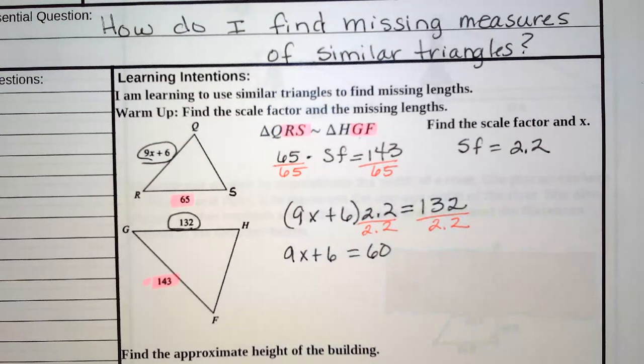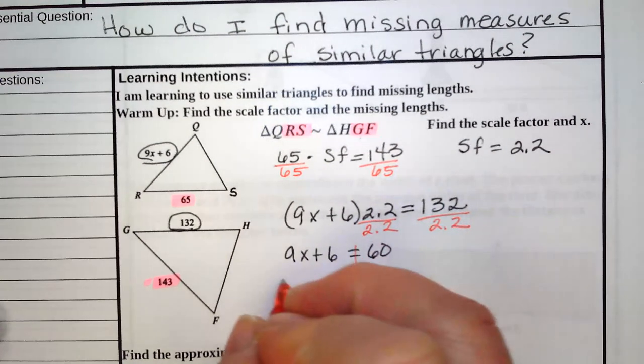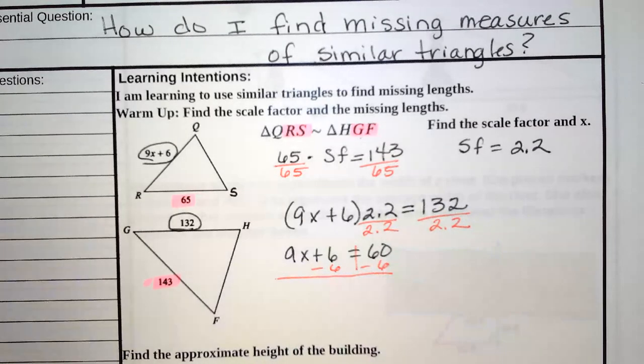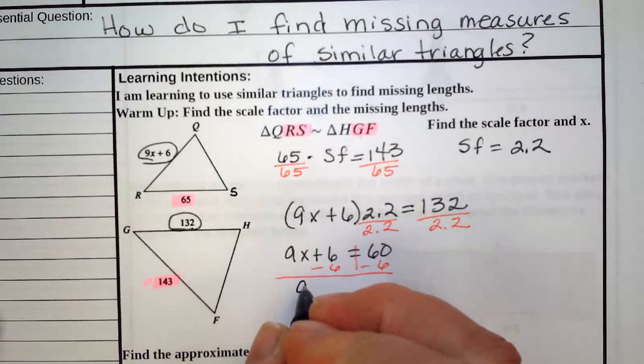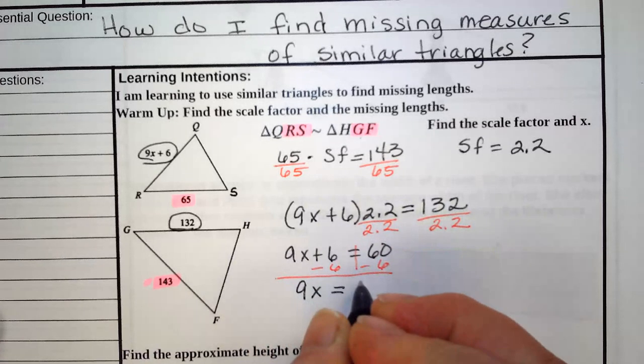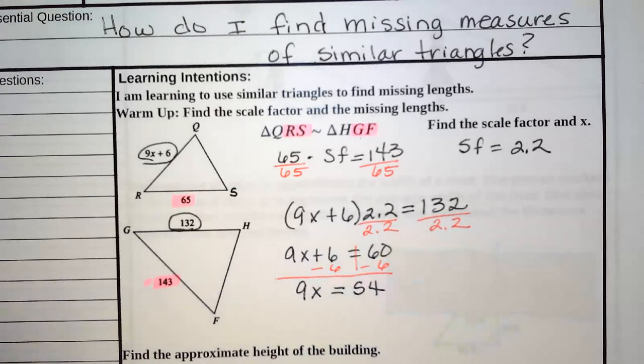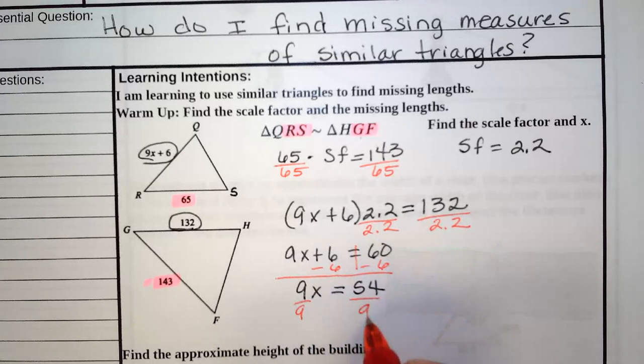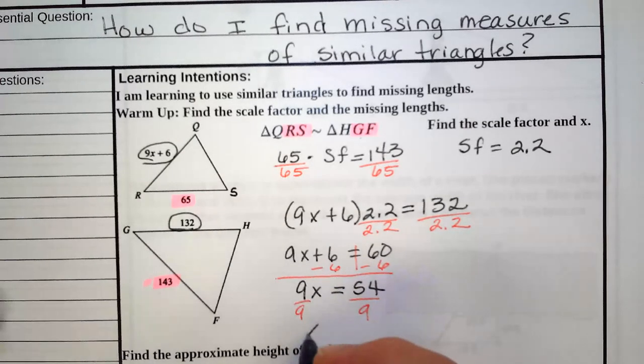Okay, now I can solve. Subtract 6 from both sides. 9x equals 54. Divide both sides by 9. And x equals 6.